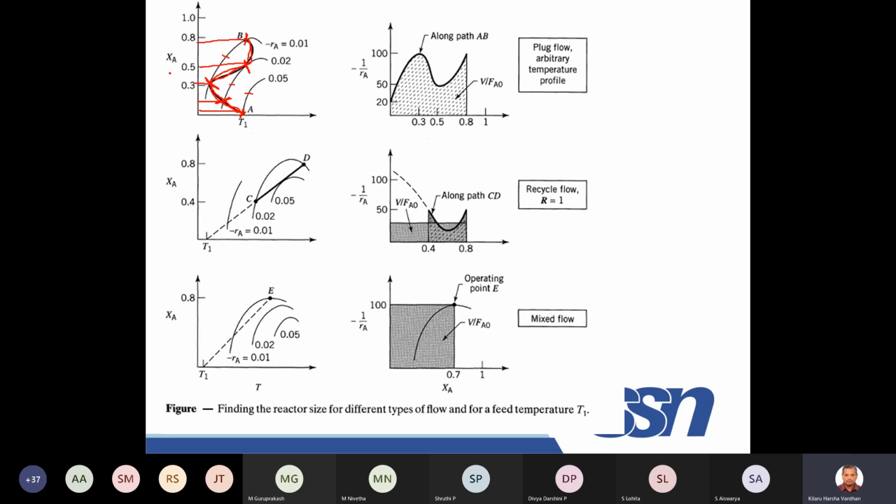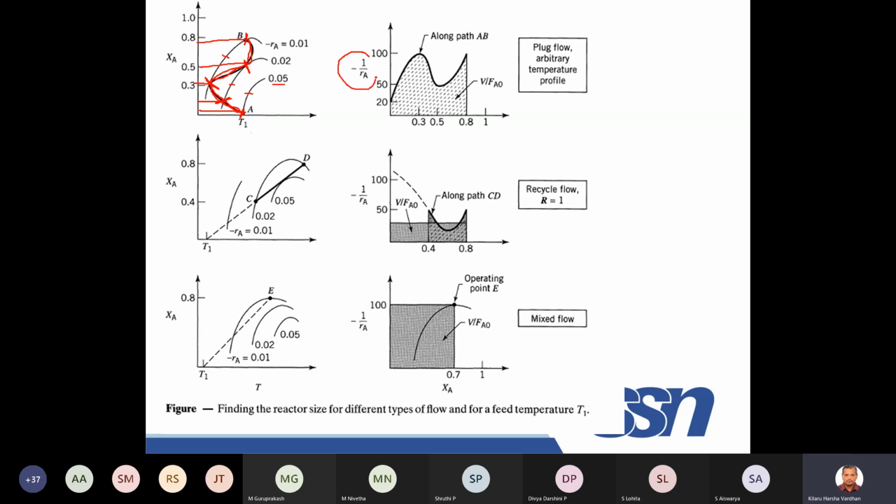So for different XAs, you are drawing this particular path. What is the rate here? The rate is 0.05. Here the rate is 0.02. Here the rate is 0.01. Again here the rate is 0.02. Here the rate is 0.01. So different XAs, different rates are coming.